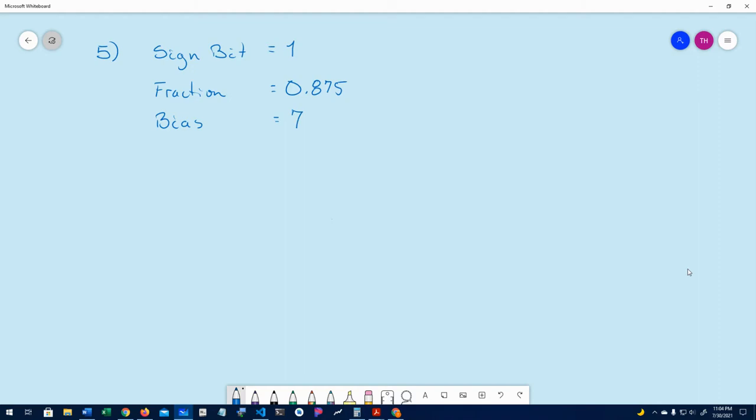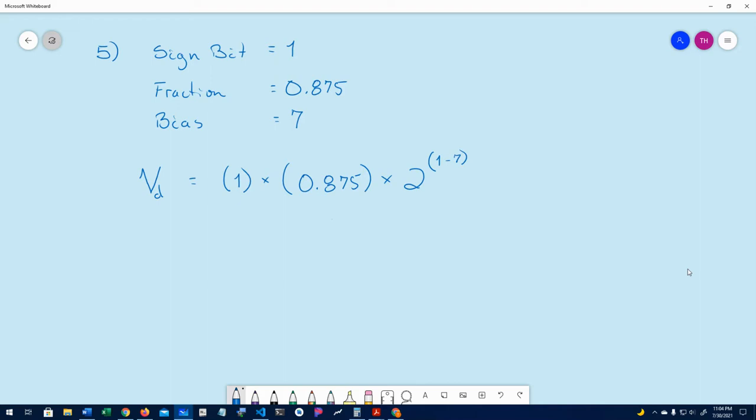And our bias, we said, was 7. So our denormalized value is going to be positive 1 multiplied by our fraction value, 0.875. That's going to be multiplied by 2 raised to the constant 1 less the bias. Now, in this case, you can see that we're going to end up with a negative exponent.